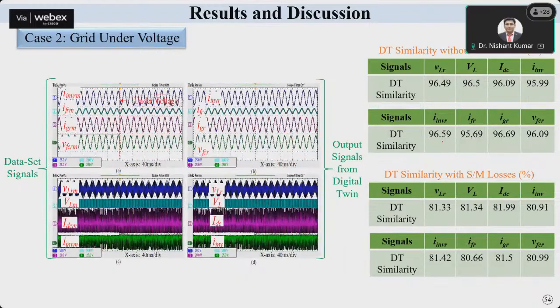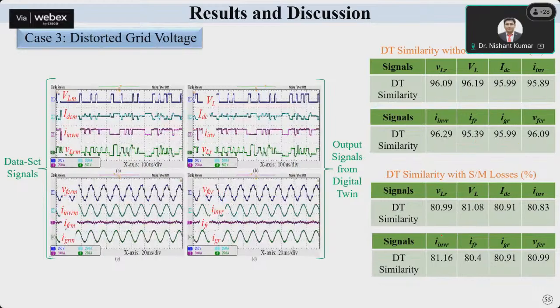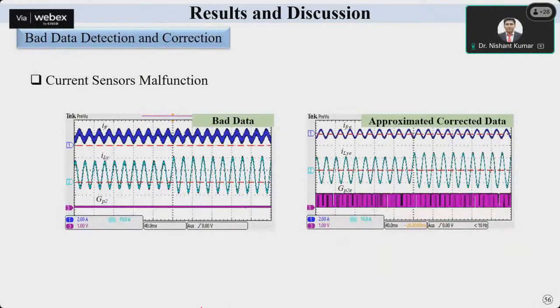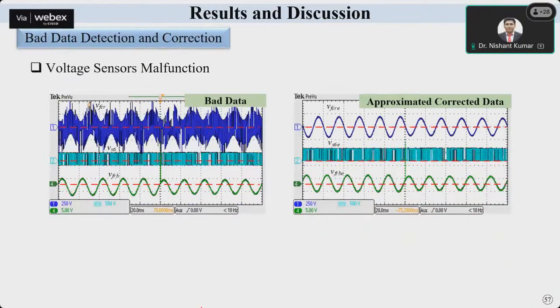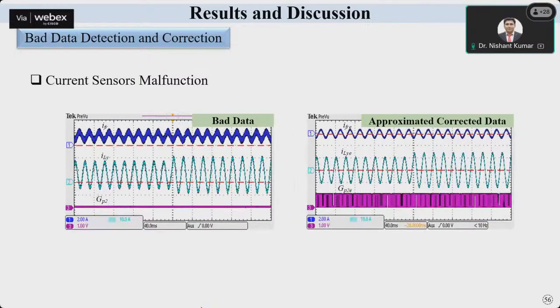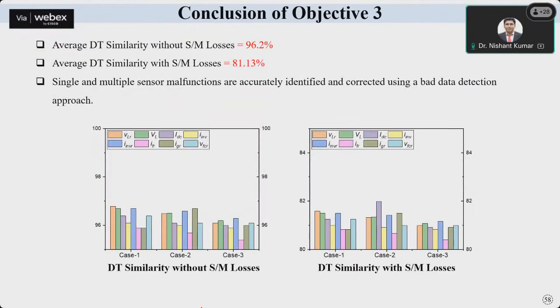Here accuracy is low because the data was recorded in the 100 kilohertz range only, right? Because of that, I think we were not capable of capturing all the transients or dynamics, so that's why it is a little on the lower side. But this is okay. This is your digital twin finally. Different malfunctions, like sensor malfunction and current malfunction, all those things you can do by using this data.